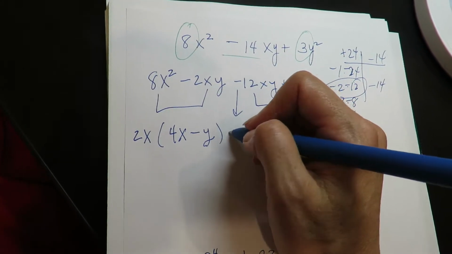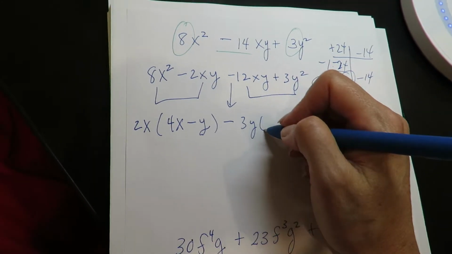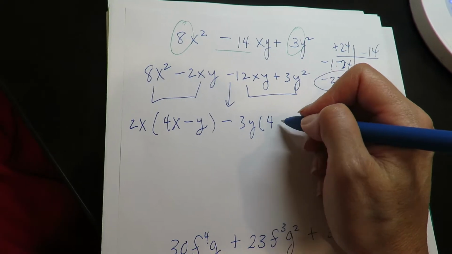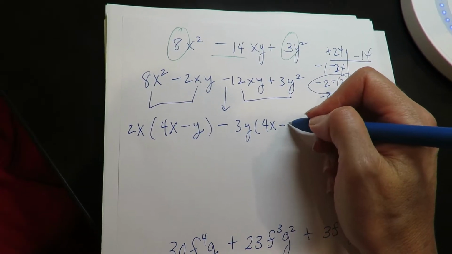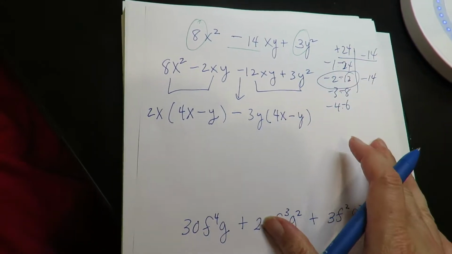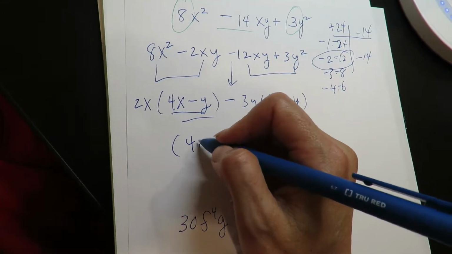Got to bring down the sign of the third term. 3y on the second one. You got the negative. Negative times the negative gives you back a positive. Factor out the common binomial.